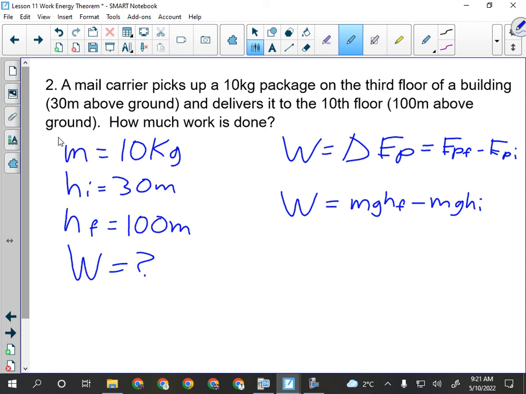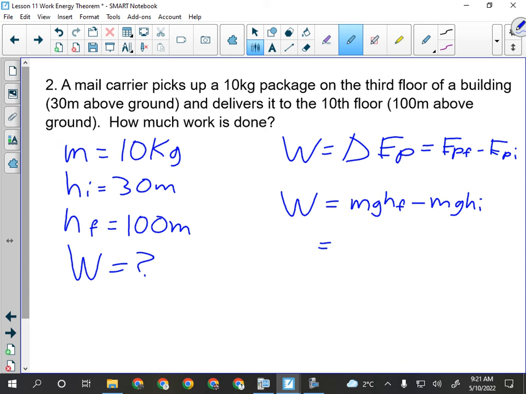Okay, do I have all of those numbers? I have mass, I have the two heights, and what is g always? 9.81, right? So I have all the numbers here. I can calculate the work just by plugging the numbers into my formula. The hardest part of this question was determining, was it potential or kinetic that was changing?